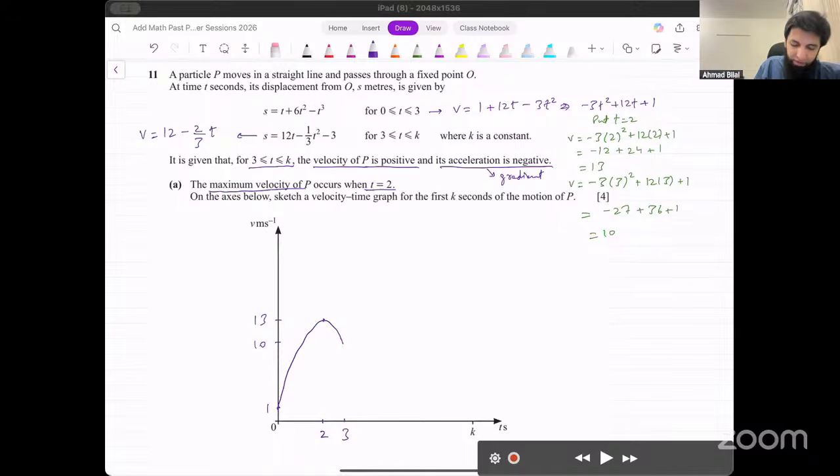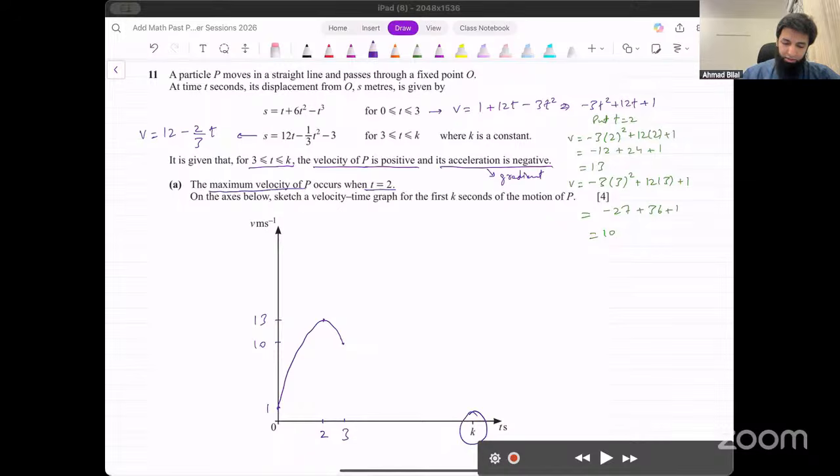That's the velocity function that we've got. Now it's starting from 12 at time 0. At time 3, it should be the same number here, which is 10. From this point onward, what we have is a straight line. Up to when? Up to this point k.